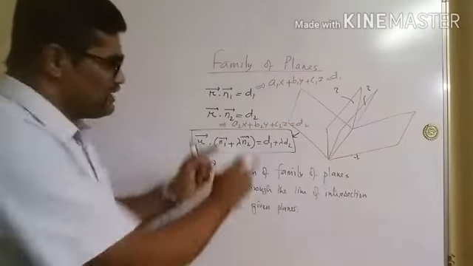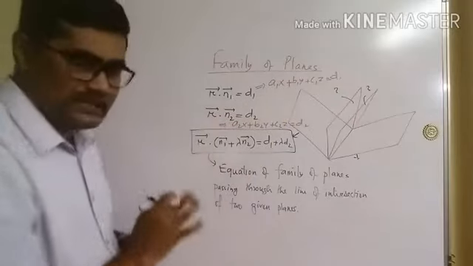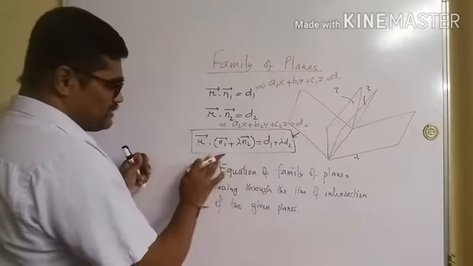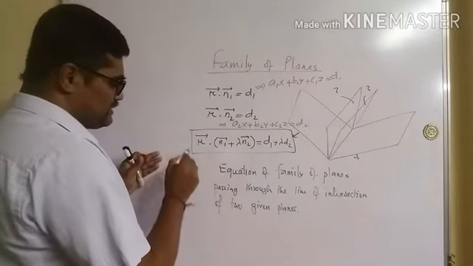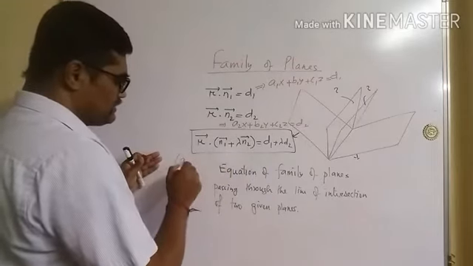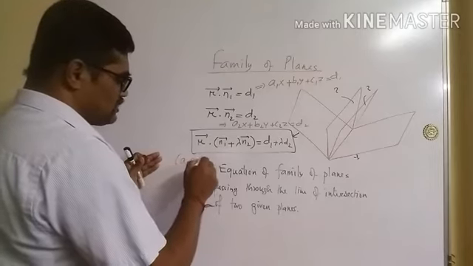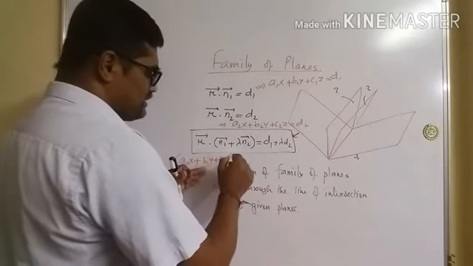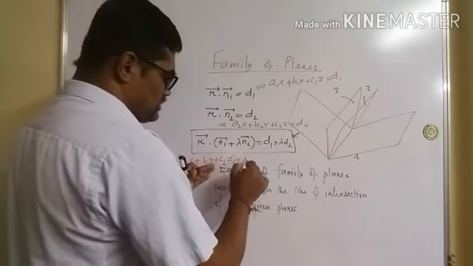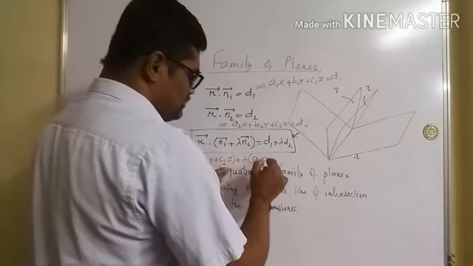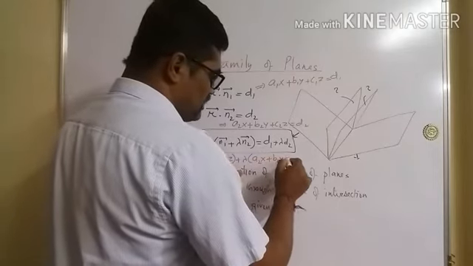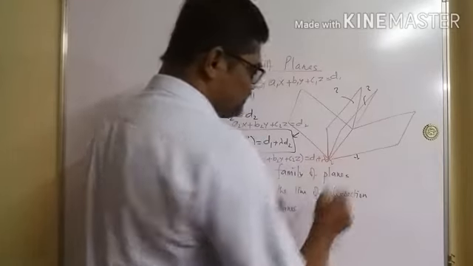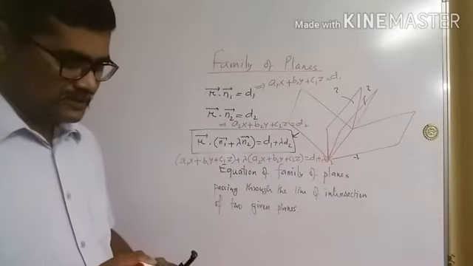In that case, if you replace all these values by converting from vector form, then this will take this shape. It is (a1x plus b1y plus c1z), then bracket close, then lambda times (a2x plus b2y plus c2z) equal to d1 plus lambda d2, right? This is the equation.